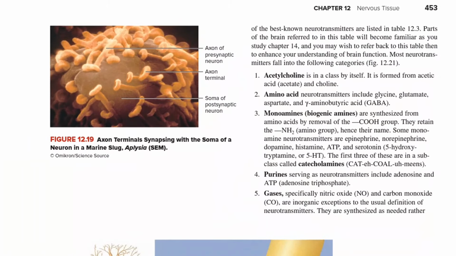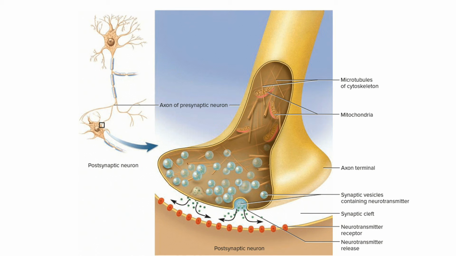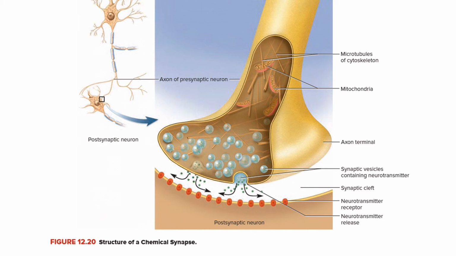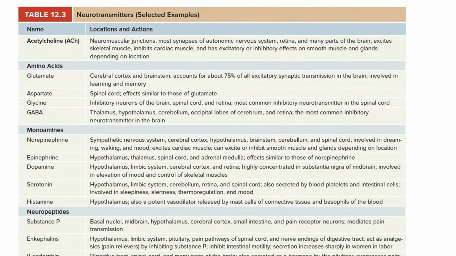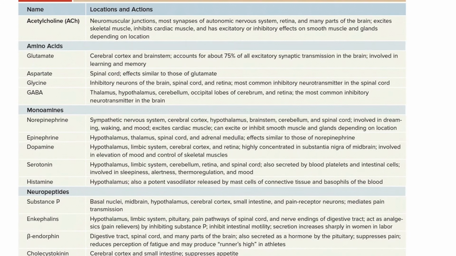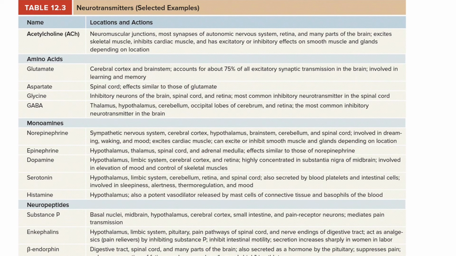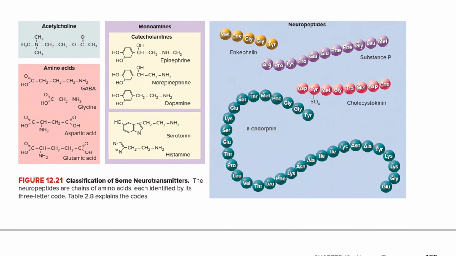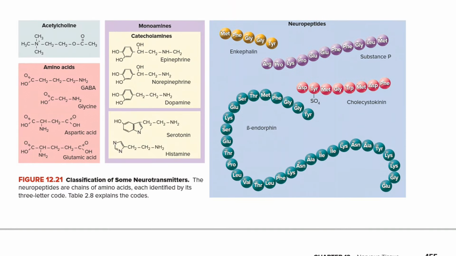Chemical synapse, the structure of a chemical synapse. Then the table for neurotransmitters, selected examples. That means there are so many neurotransmitters, and they are giving us only a few selected examples. Structure of neurotransmitter.